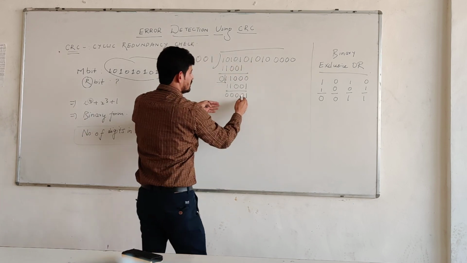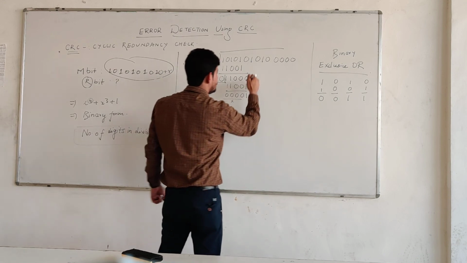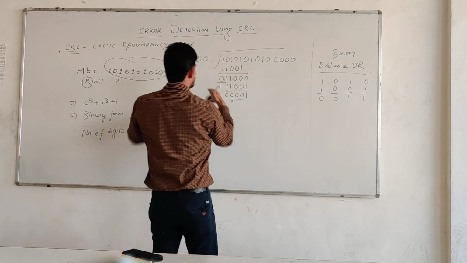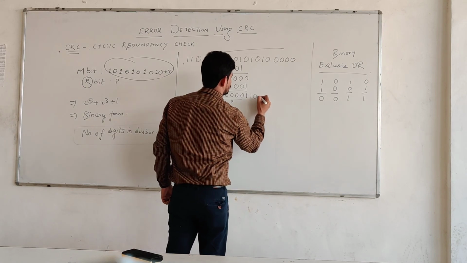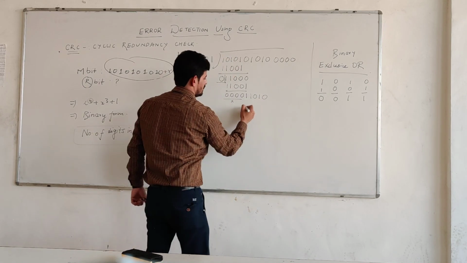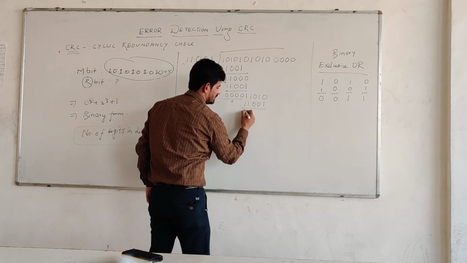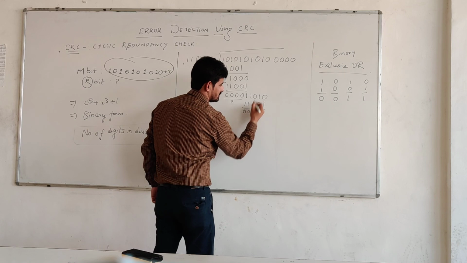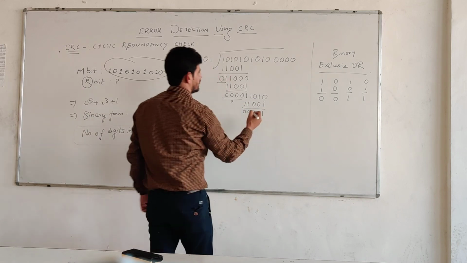Now this part will be cancelled out. So we will bring down 4 more digits to get this divisor out: 1010. Now 11001. Similar digits 0, similar digits 0, similar digits 0, different digits 1, different digits 1.